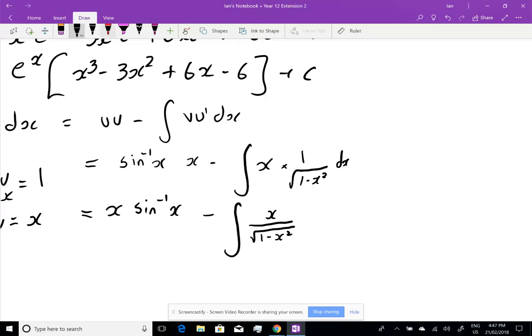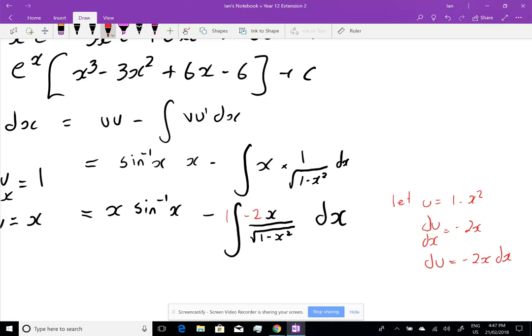And you think to yourself, oh, this is cool. Let u equal 1 minus x squared. Therefore, du dx equals minus 2x. Therefore, du equals minus 2x dx. And I've almost got that over here. I've got x dx. I need a minus 2. Well, we can do the hokey pokey.